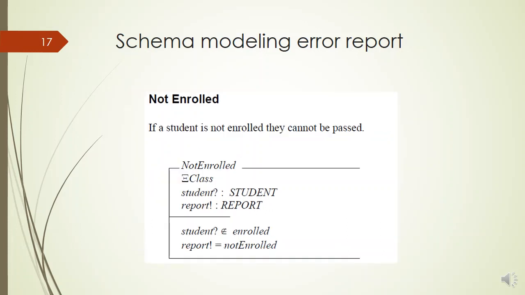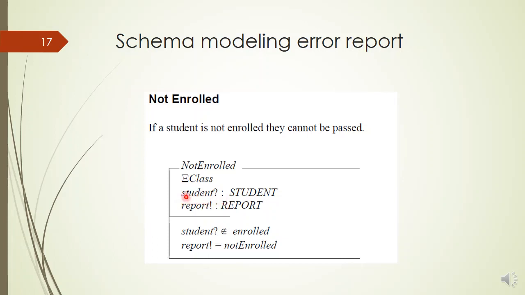There is another scenario: if a student is not enrolled, then that student cannot be declared passed. This scenario can also be modeled by another operation schema with the name not enrolled, and this operation just reads the values of state variables. Therefore the psi decoration will be used here, and there are two variables declared here.